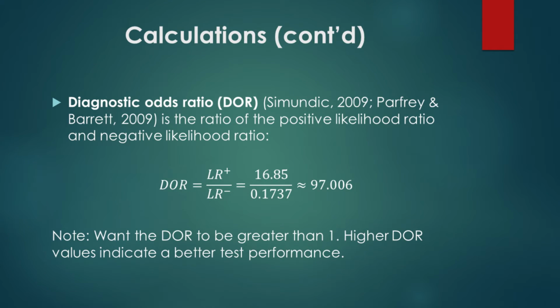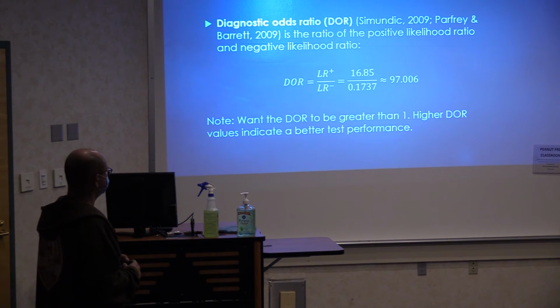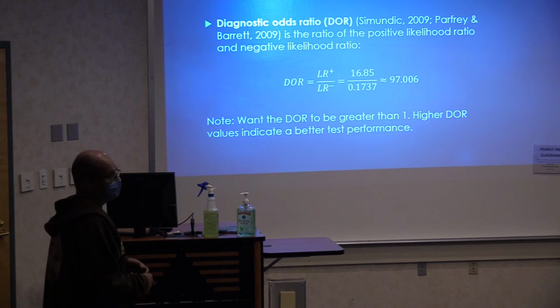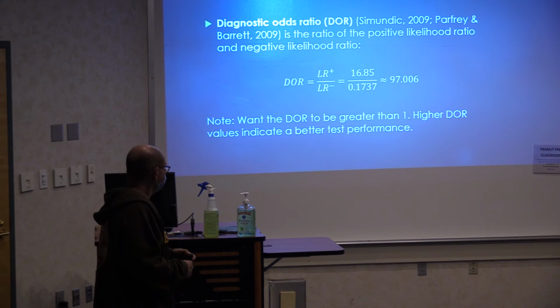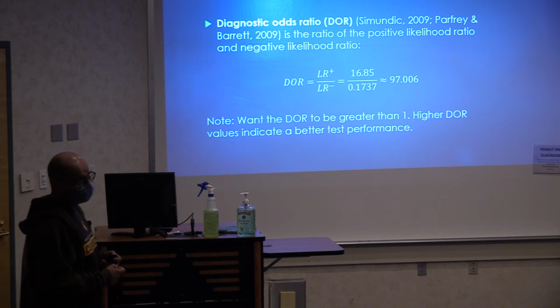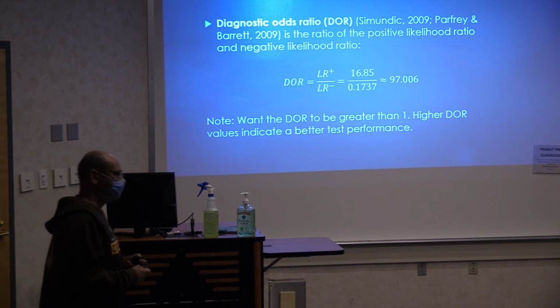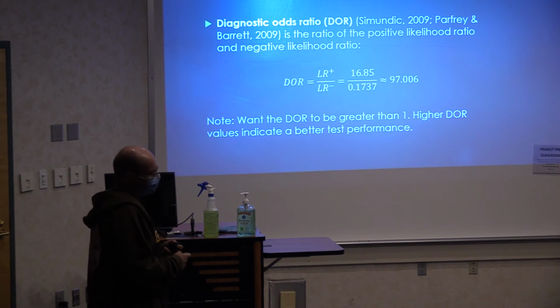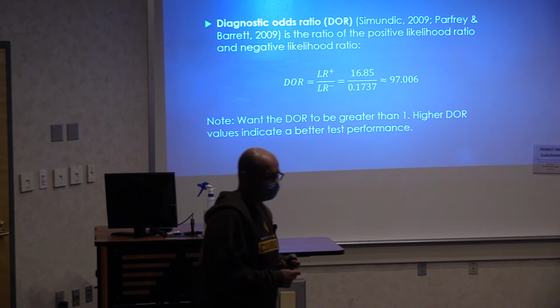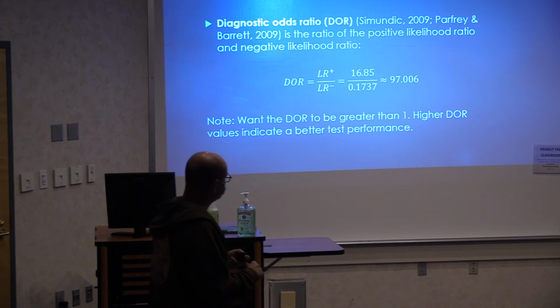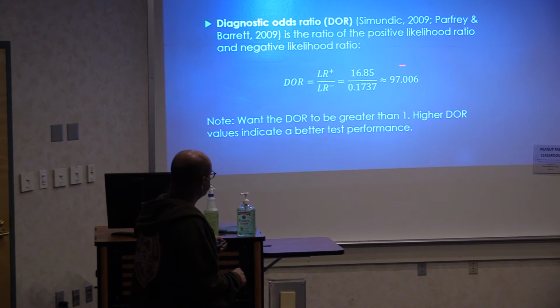And this is it. It's the diagnostic odds ratio, or DOR. It's just the ratio of the positive likelihood ratio and the negative likelihood ratio. In our case, it's approximately 97, and we want this number to definitely be more than 1, preferably more than 10 or 20. It doesn't have a particular interpretation, but people who are developing this stuff focus on this number.